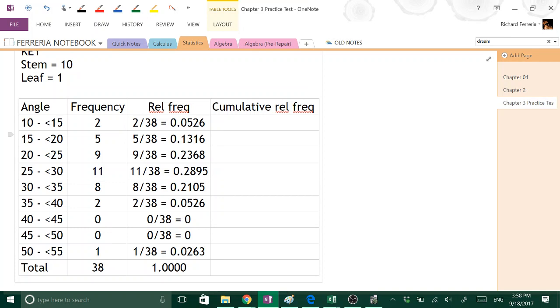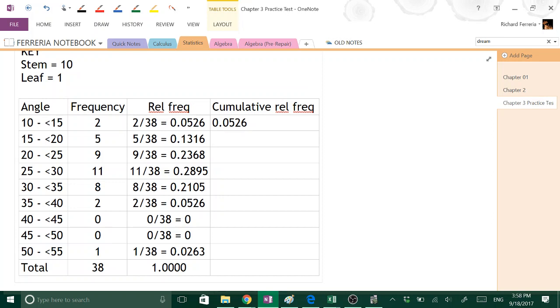Cumulative relative frequency. The only place where you might want to change it into decimals is for the cumulative relative frequency. So the first cumulative relative frequency would be 0.0526. But you could just add fractions.